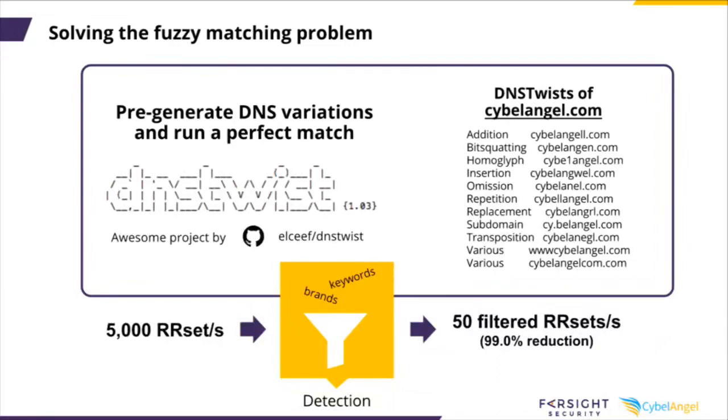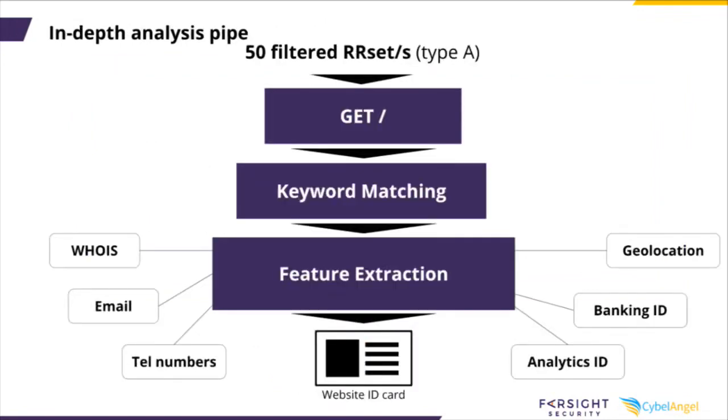So on the use case we will study later, we set aside 50 domain names per second. And it's 50 websites that need further investigation. So on these 50 websites per second, we launch specific crawlers, homemade crawlers, for an in-depth analysis.